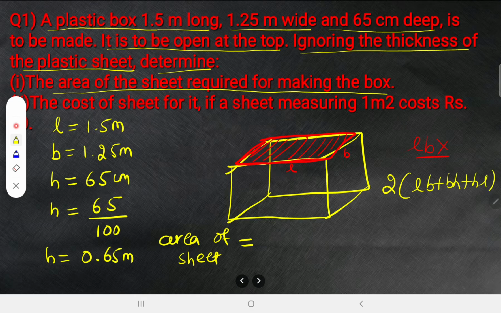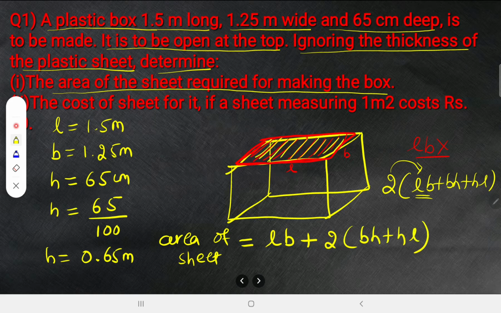But right now the top is not there, that's why you have to leave this LB. 2 LB will not come, only 1 LB will come. That means LB plus, and as usual 2 bracket BH plus HL will be carried forward. So this is the formula to find out the area of the sheet what we need.